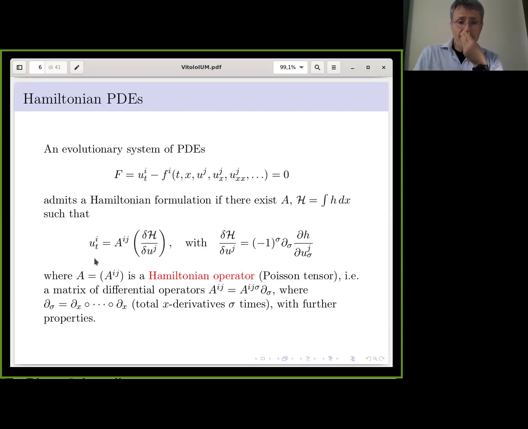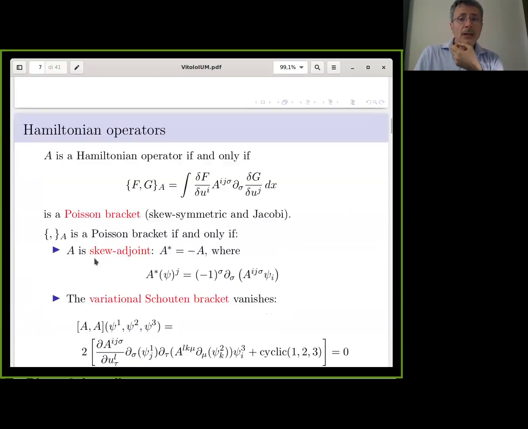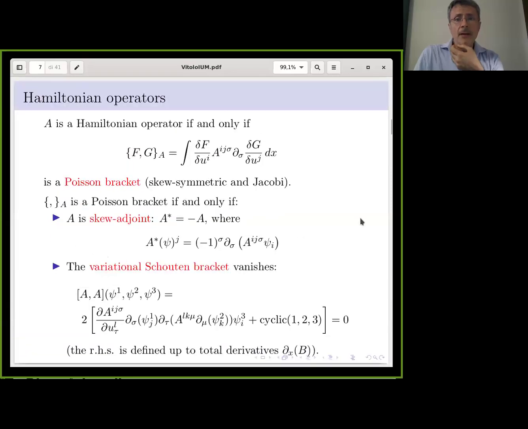Now, what we require of the Hamiltonian operator is a further property, because we would like it to define a Poisson bracket, as every reasonable Hamiltonian formalism should have. And the Poisson bracket is defined by the expression on top of the slide. It uses variational derivatives of functionals, and it uses the operator applied to one of the two variational derivatives.